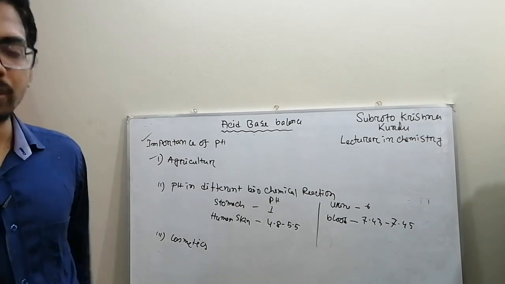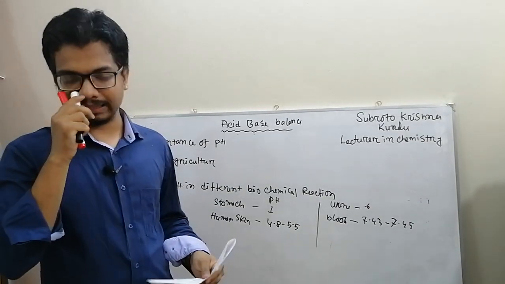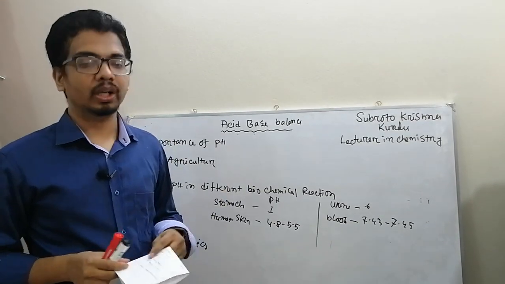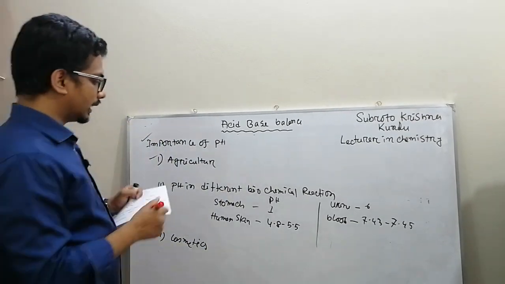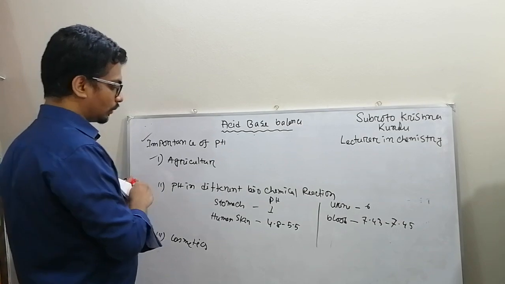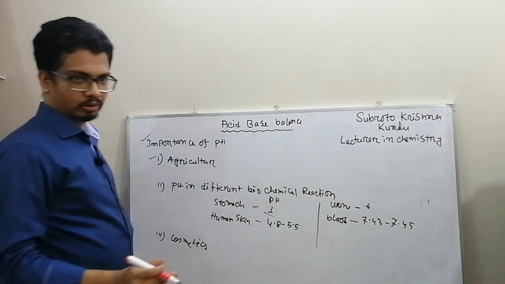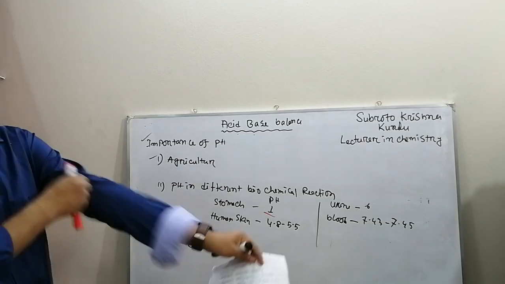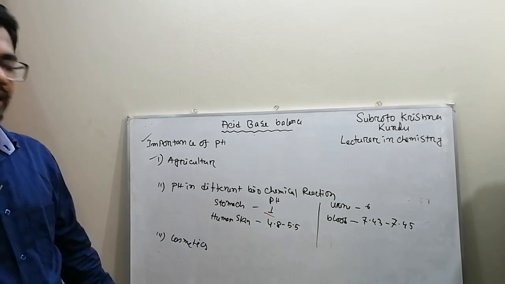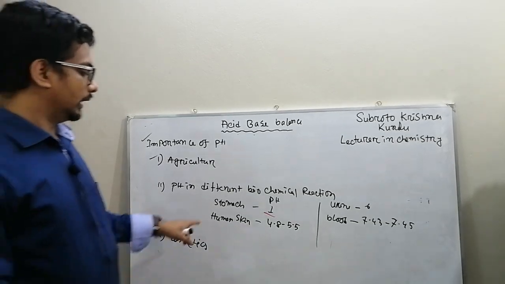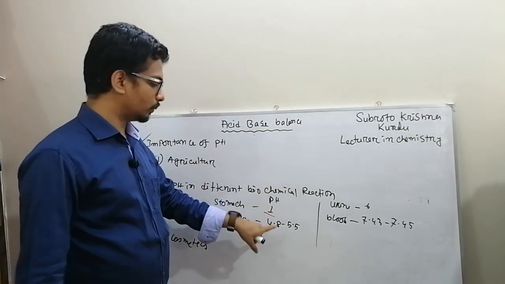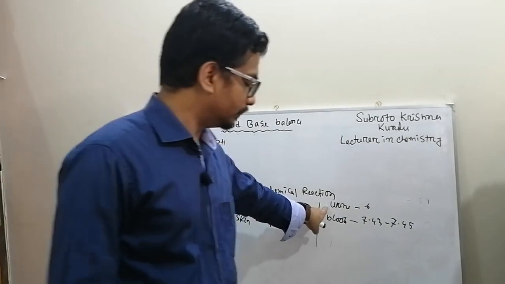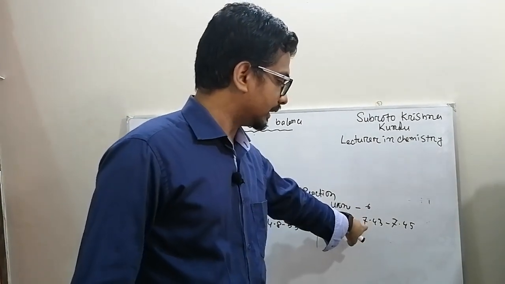When digestion occurs, HCl is there to digest the food. So in the stomach the pH value is 1, where concentrated HCl is placed, which digests our food. In human skin the pH value is 4.8 to 5.5, in urine the pH value is 6, and in blood 7.43 to 7.45.